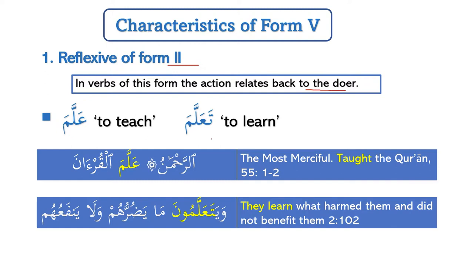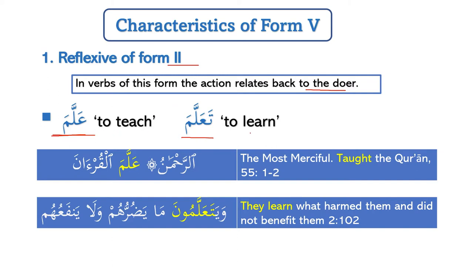And then when you talk about learning something, it is ta'allama, to learn. So when we are teaching someone, basically we are performing action on the other person and we are making someone do something. But when we talk about ta'allama, it's like we are making ourselves do something. So that's why it is called the reflexive of form number 2.